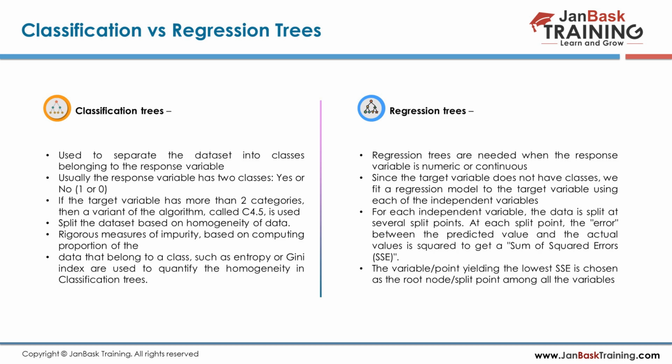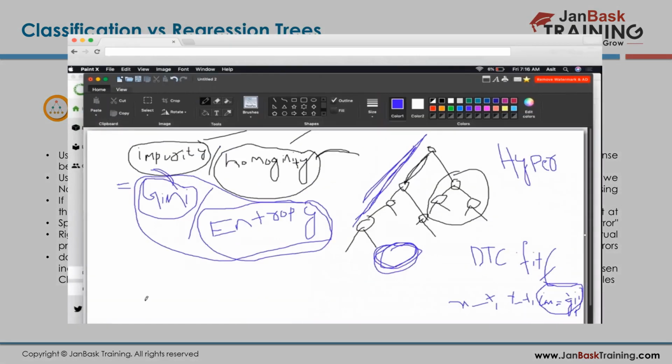Basically, the error predicted normally takes the sum of squared errors. That is also not required for you because the tree by default will take the SSE. The variable point yielding the lowest SSE is chosen as the root node and split point among all the variables.